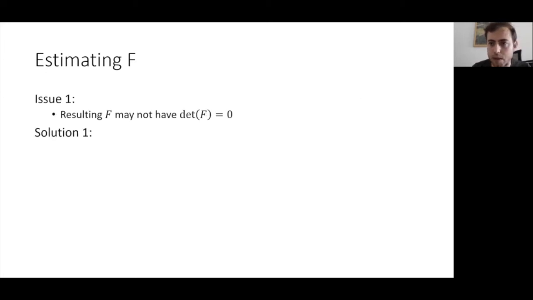Okay. Yoni, yes. Before you said that F actually has 7 degrees of freedom, not 8. So how come the extra equation that you need, or maybe I'm missing something? Yes, no, it's a good point. I think that it's related to this slide. Yes, exactly, because we did not take into consideration that F has rank 2 in general.